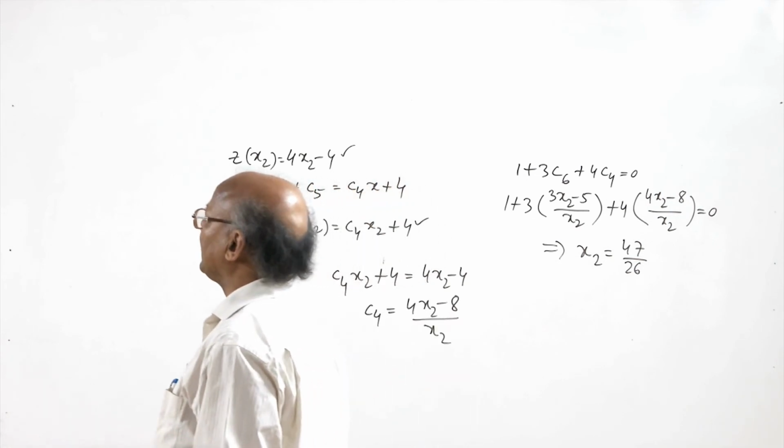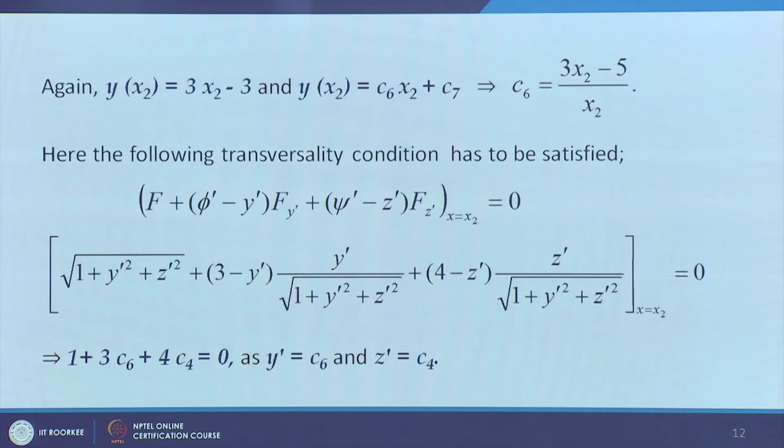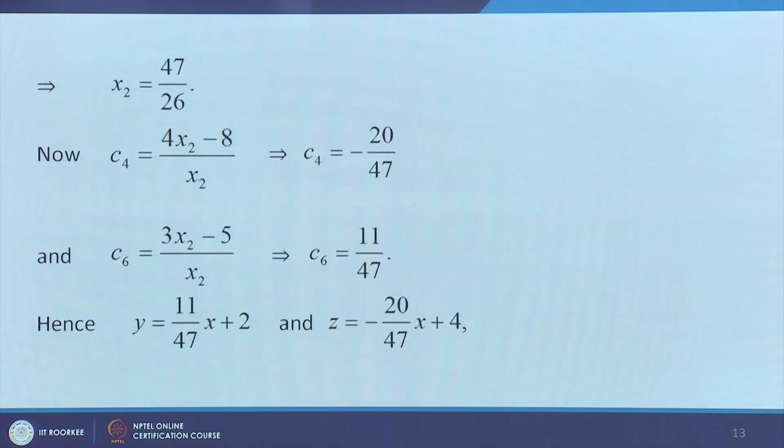Now, c4 here is 4x2 minus 8 by x2. So let us put the value of x2 here, and we get the value of c4 as minus 20 by 47. c6 is 3x2 minus 5 over x2. So we get c6 as 11 by 47, and then we get the value of y, y was equal to c6x plus c7.